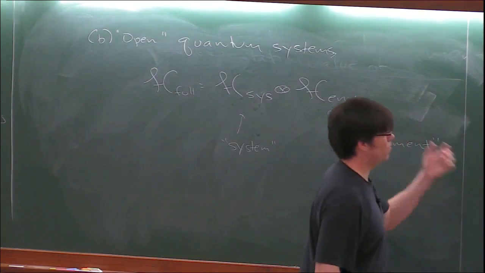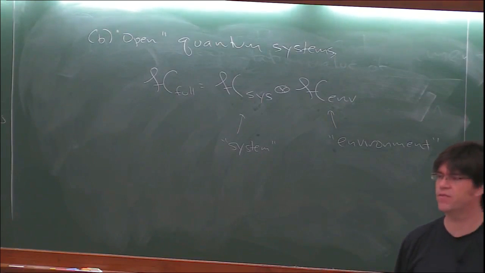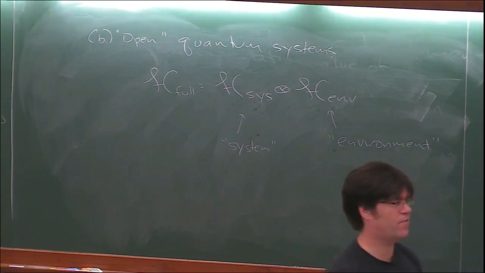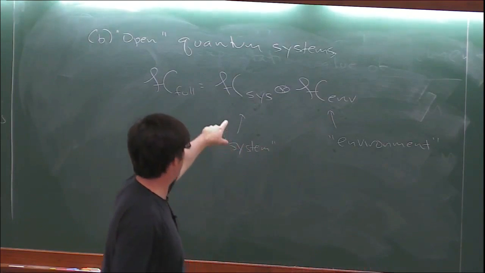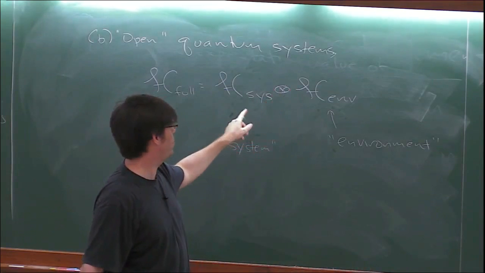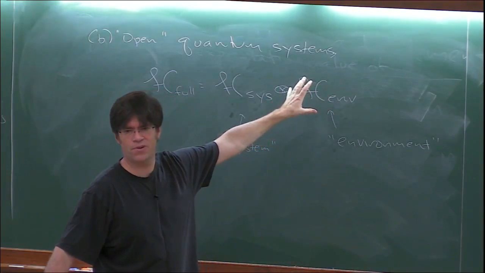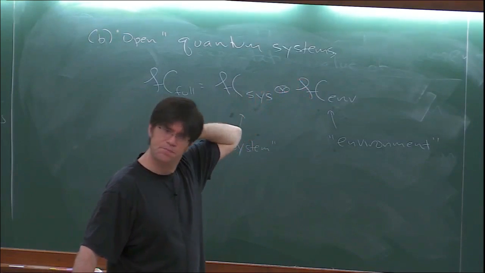So this is an observable which acts non-trivially on the system and acts trivially on the environment. Imagine that I'm going to measure the position of the dust particle or the spin of some neutron, and I'm not going to make any measurement of the other gas molecule sitting in my imperfect vacuum.